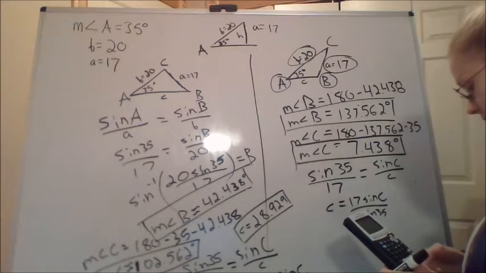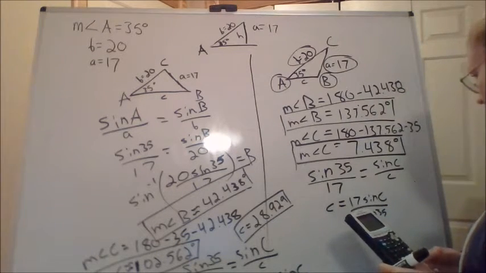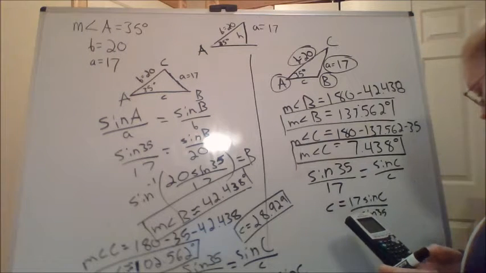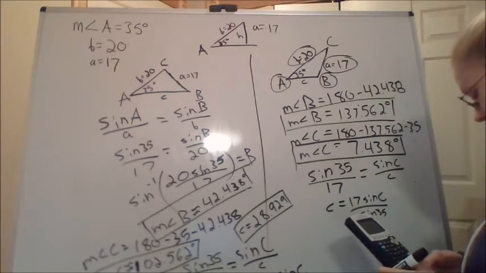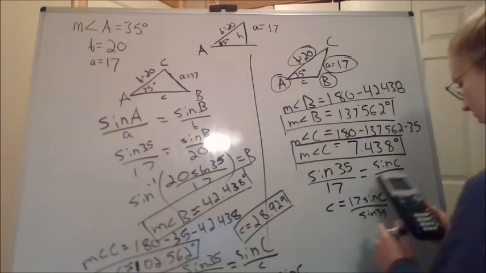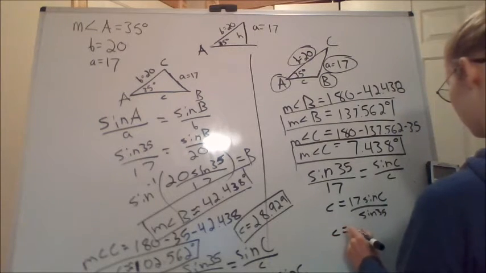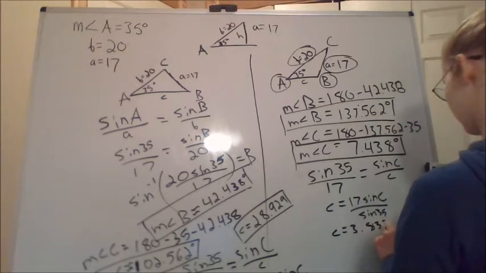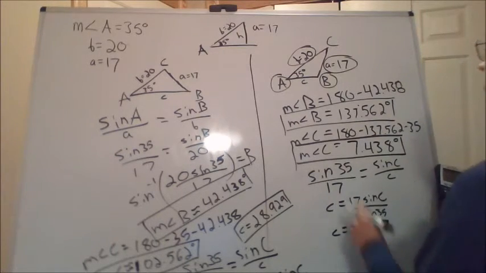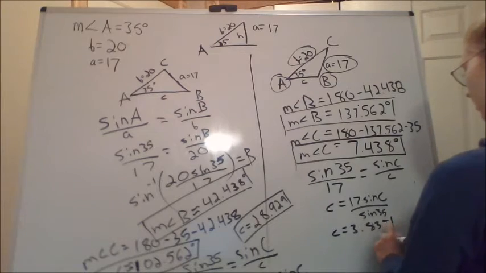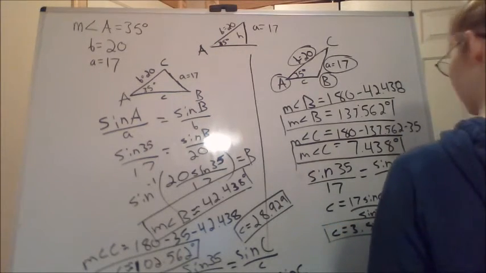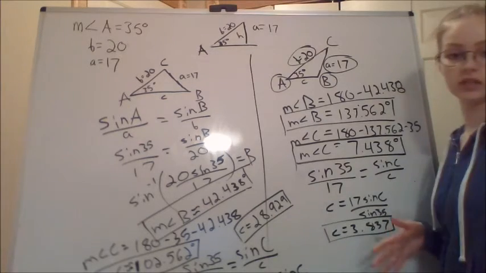So 17 sine of C, and C is going to be that 7.438, and then we're going to divide that by sine of 35. We're going to get C equals 3.837, which makes sense because C is a very small angle, so it's going to be a very small side. So there's our 6th piece of information.